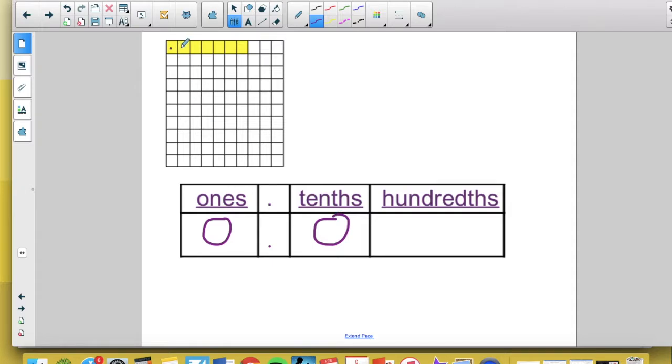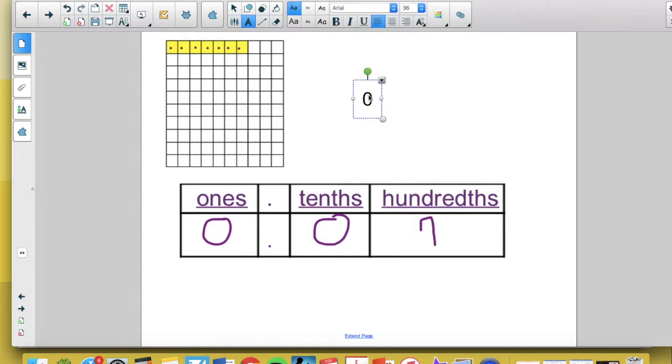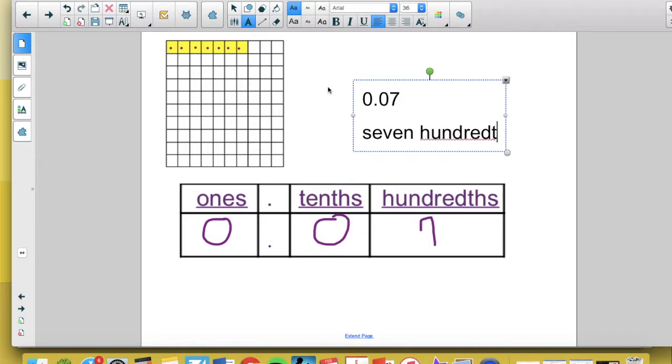There are 1, 2, 3, 4, 5, 6, 7 shaded out of 100, so I'm going to put a 7 in the hundredths place. That makes the answer for this 0.07, and I read that as 7 hundredths.